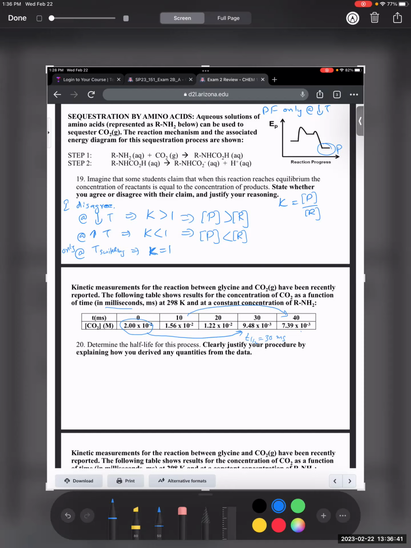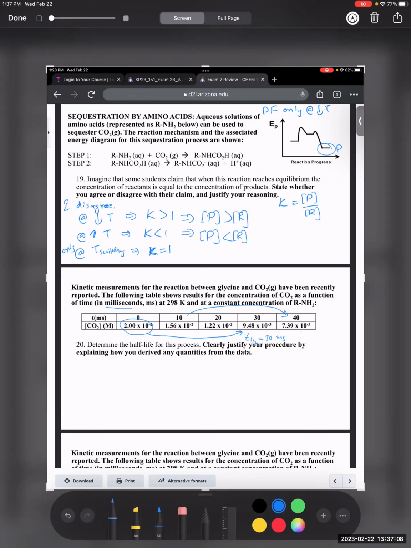I want to measure the log of the CO2 concentration as well. I'm going to have that in list 3, so my list 3 has the natural log of concentrations.